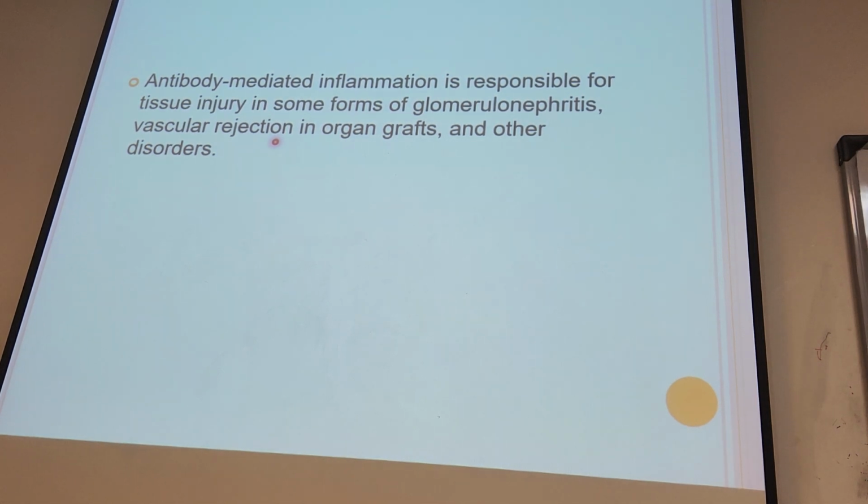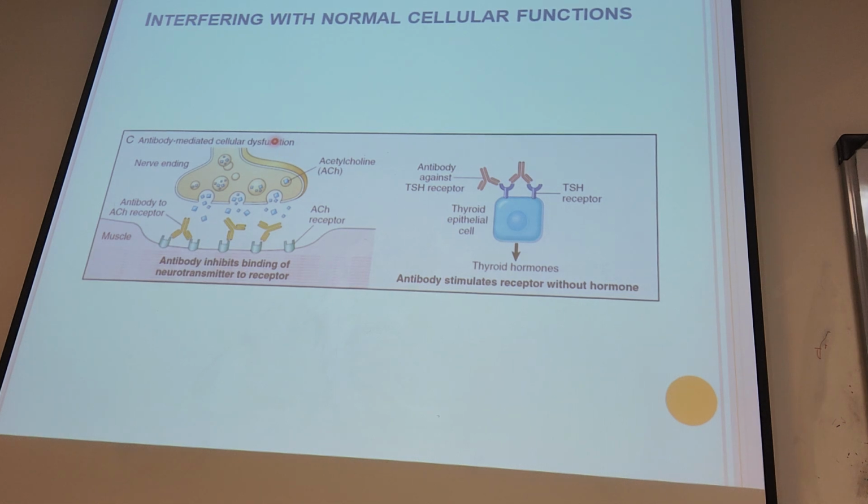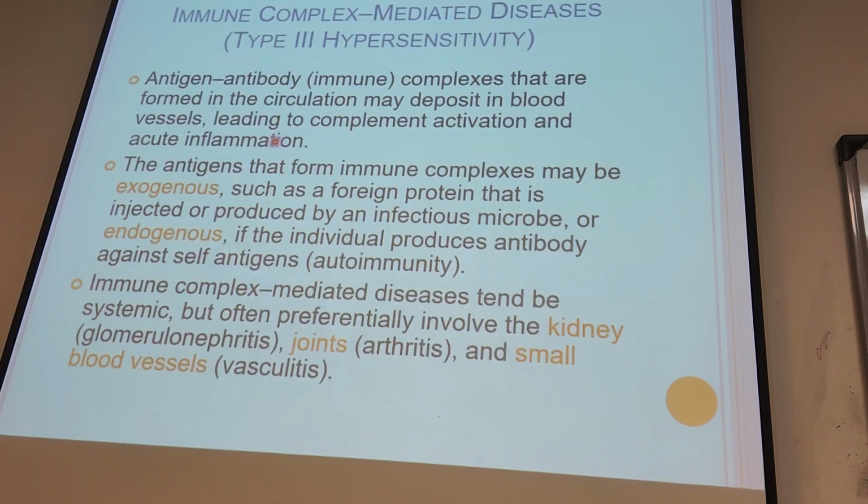So in rejection of grafts, one of the types of rejection is this type of inflammation, activation of complements by antibodies. Now the third type of hypersensitivity? We have second, and we can also sometimes have third. Okay. But the second type is also important.